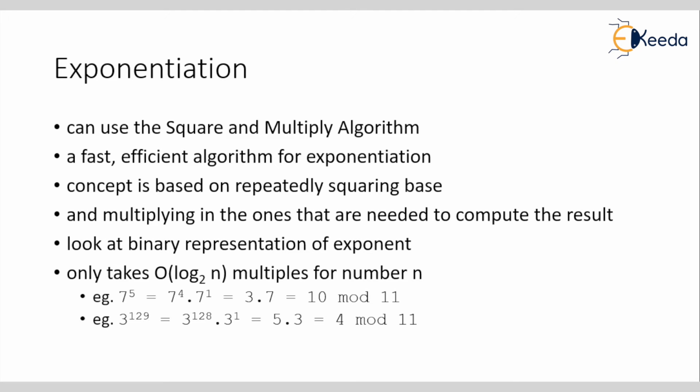For the exponentiation, we can use the square and multiply algorithm. It is a fast and efficient algorithm to use for the exponentiation part. The concept is based on repeatedly squaring the base and multiplying in the ones that are needed to compute the result. It also looks at the binary representation of the exponent. It only takes on the order of log of n to the base 2 multiplications for a number n.